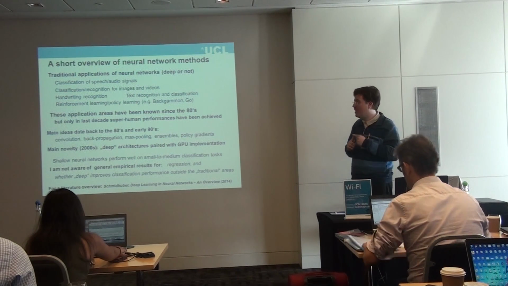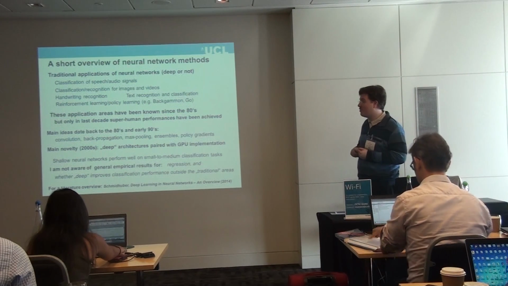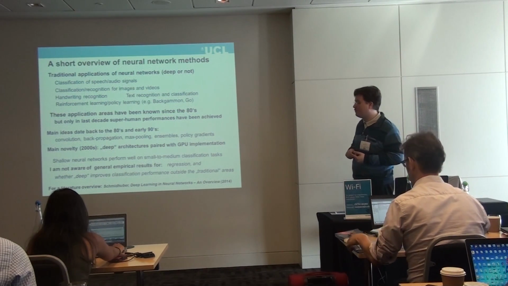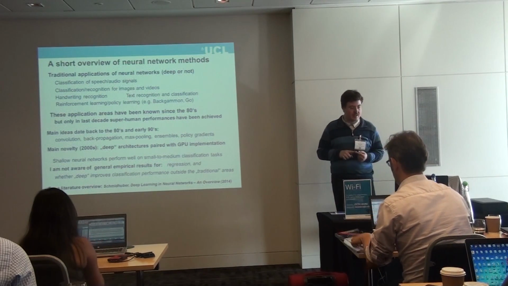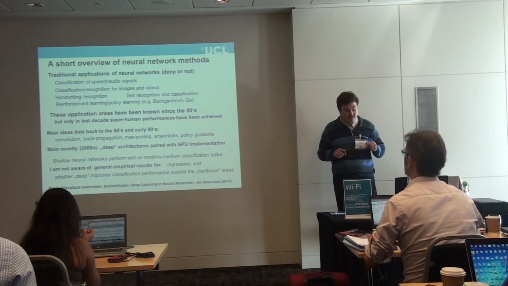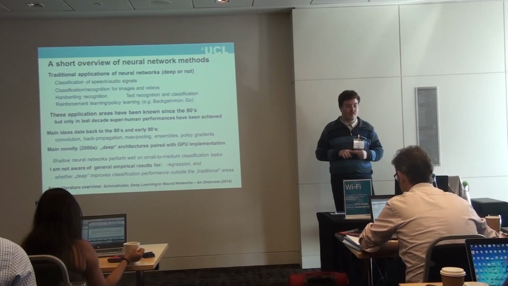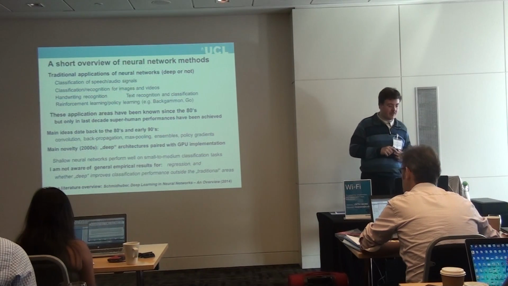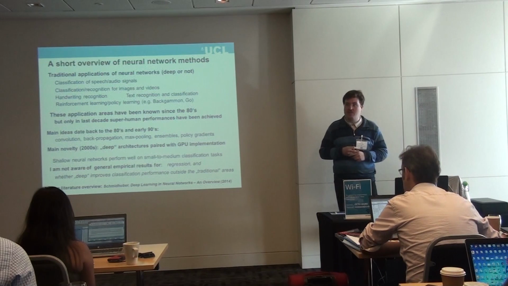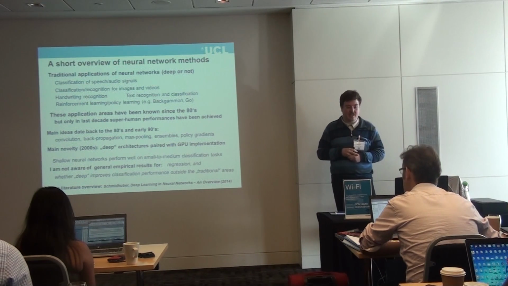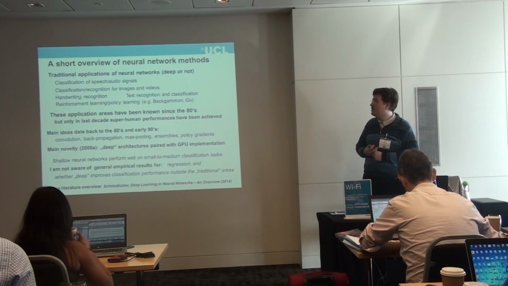Though, what I'm not aware of would be a larger empirical study or a corpus of results that tells you that neural networks are generally a good idea in regression type tasks, and whether, if you go from a simple multi-layer perceptron to deep architectures, that really is of benefit outside the application areas that I have listed at the beginning.